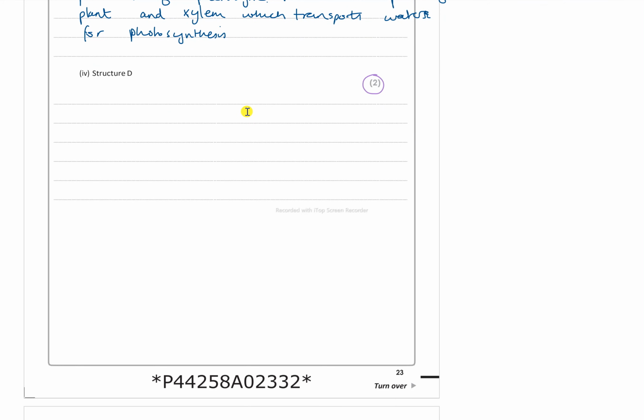Right, structure D was the guard cells. So the guard cells open and close.